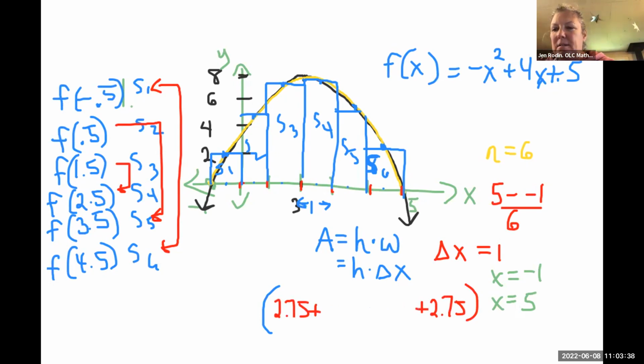And then if we go ahead and put in 0.5, negative 0.5 squared plus 4 times 0.5 plus 5. So the second one is 6.75.